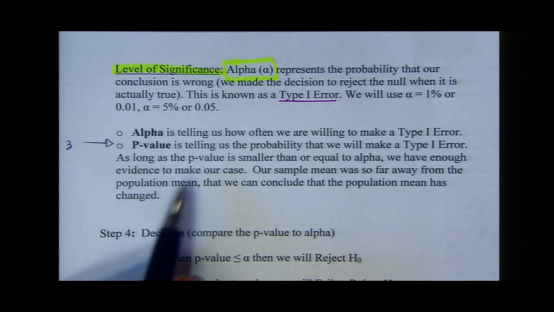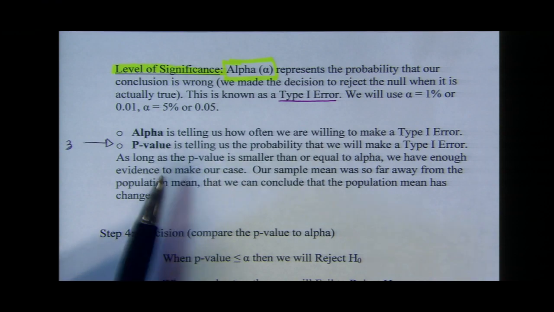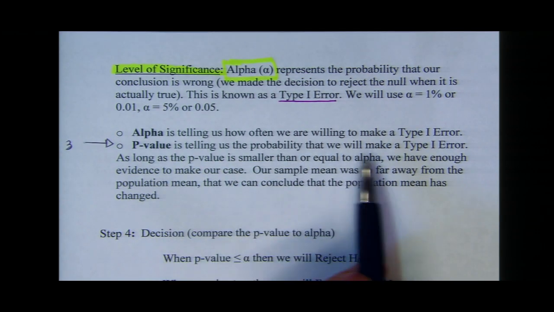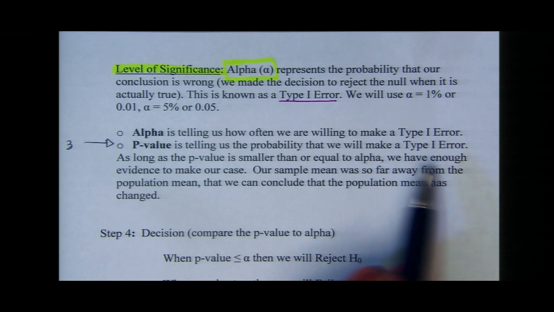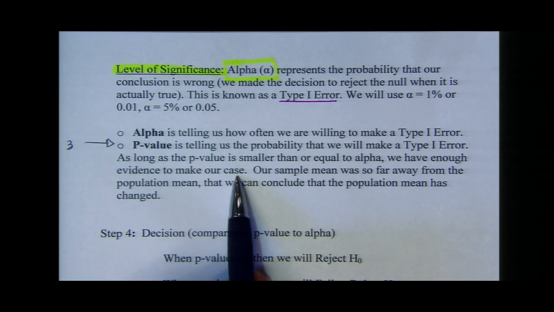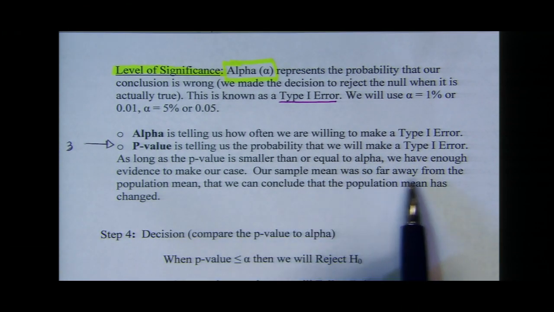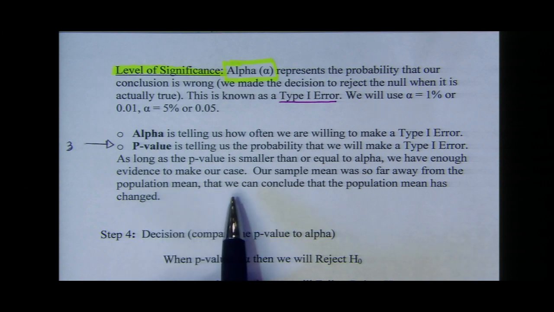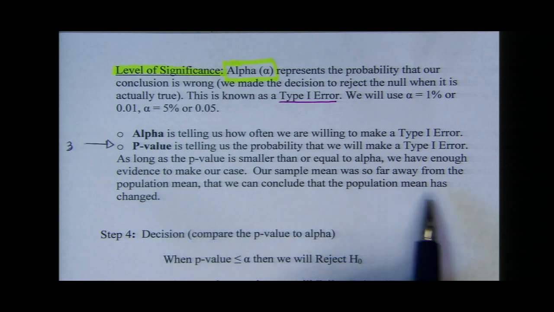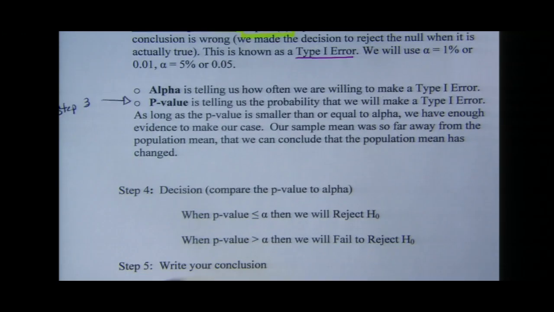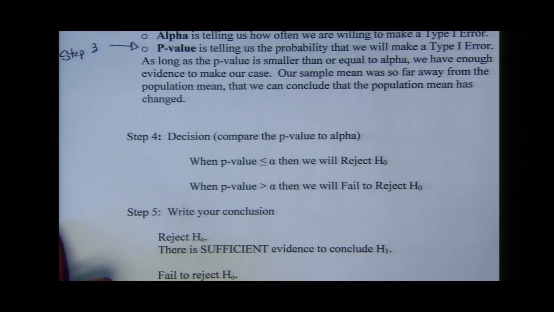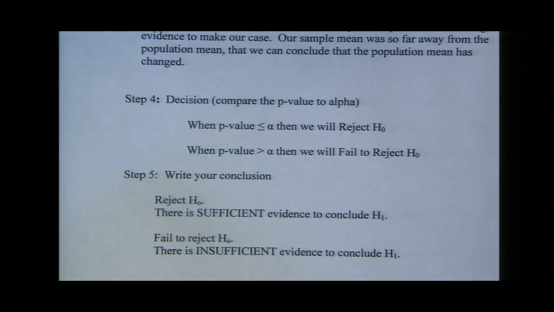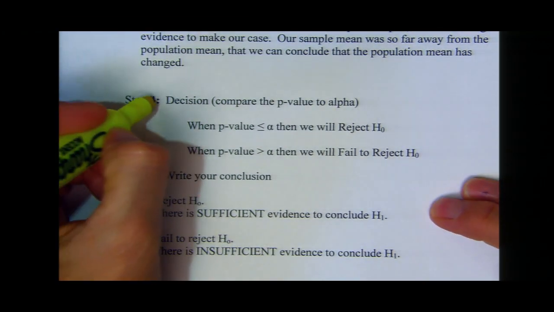So as long as the p-value, how often an error will be made, is smaller than alpha, we will have enough evidence to make our case. Our sample mean was so far away from the population mean that we can conclude that the population mean has changed. So when we make that comparison, it leads us to step 4, which is when we make our decision.